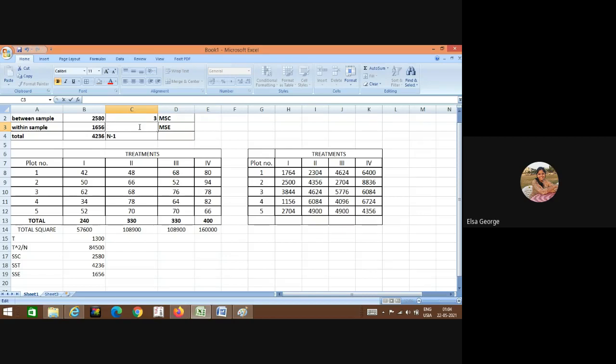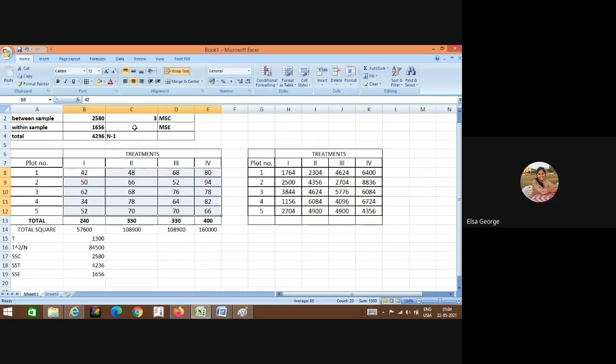Now N stands for the total number of items in the groups. So here N is 20, right? All these groups together, you will have 20 items.